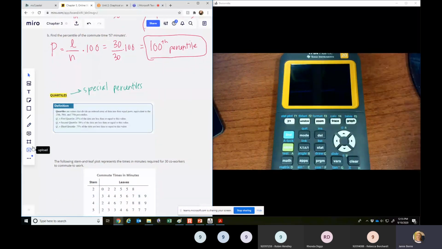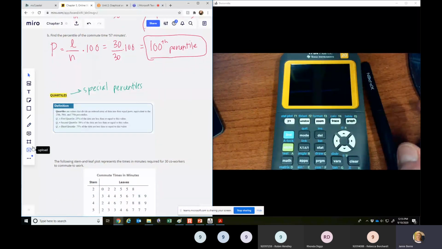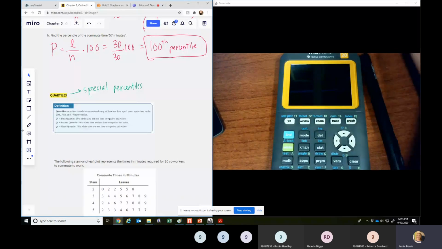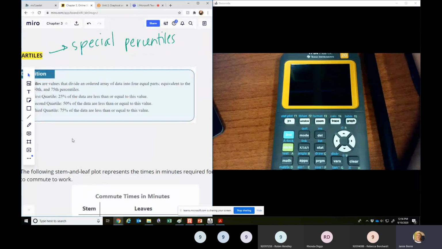Quartiles are values that divide an ordered set of data. Notice it's very important that the data are in order here. Quartiles are values that divide an ordered array of data into 4 equal parts, equivalent to the 25th, 50th, and 75th percentiles. Now let me zoom in so you can see these special symbols.